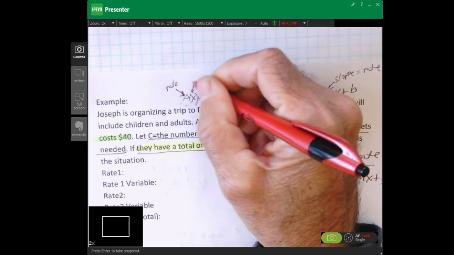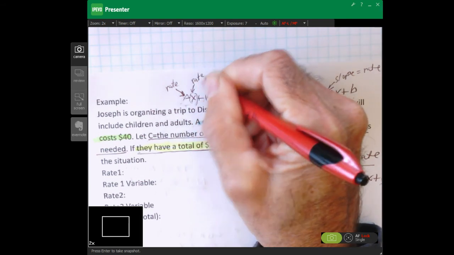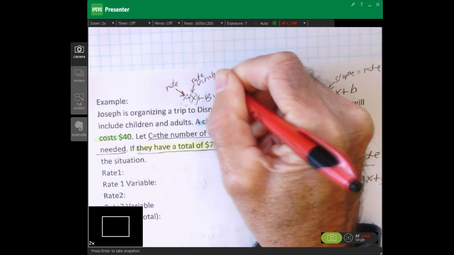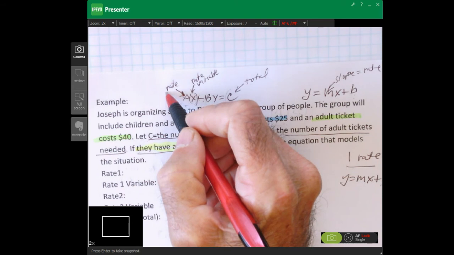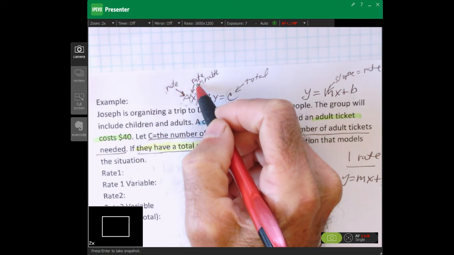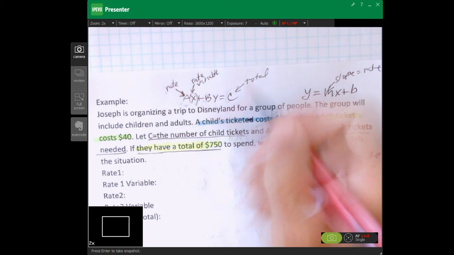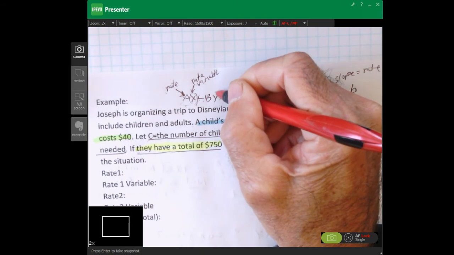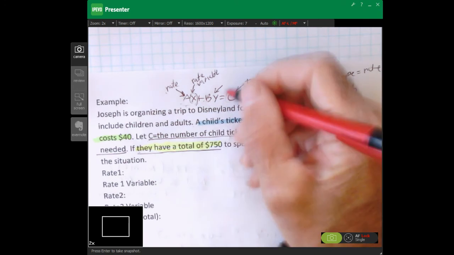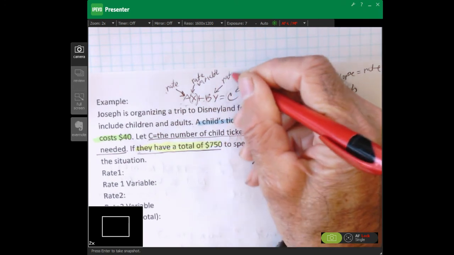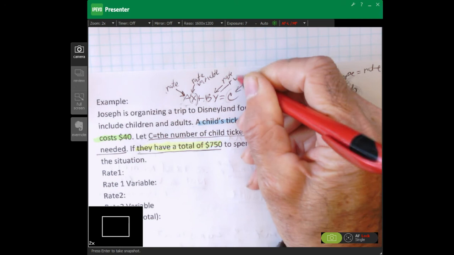But this is the variable. So I'm going to call this a rate variable. Okay, so that's our rate. That'll be like the number, and then this will be the variable that goes with it to make the whole thing. Now, this right here, well, it's the same thing. We have a rate and a rate variable.